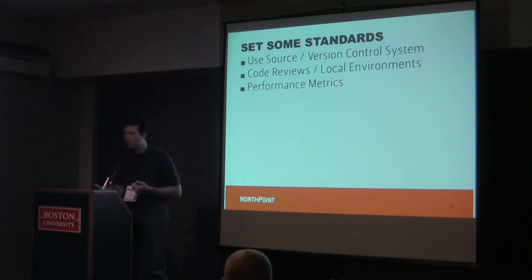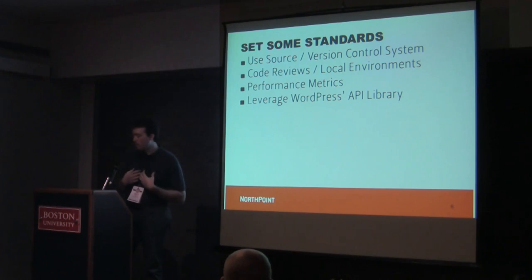So having some performance metrics, having a set of standards of how fast we need this site to perform, and then monitoring that throughout the process is pretty key, because you don't want to get to the end of the day and all of a sudden the client or your boss says, well, why is the site so slow, and when did it happen, right? At least if you set some metrics and you're monitoring it, you know at what point it happened, or at least have an idea of what plugin you added that started to slow the site down.